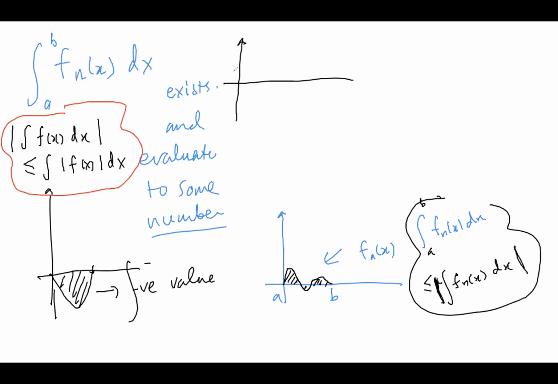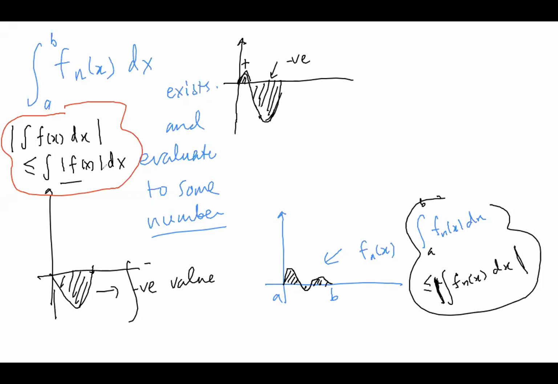Suppose you have some function like this. If you evaluate this, this part will be positive, this part will be negative. If you evaluate this curve and then take the absolute value, it will be bounded by the following.